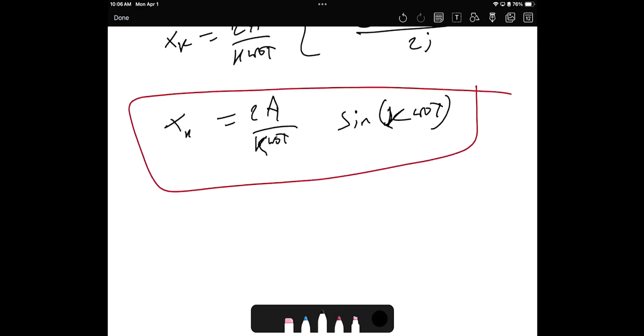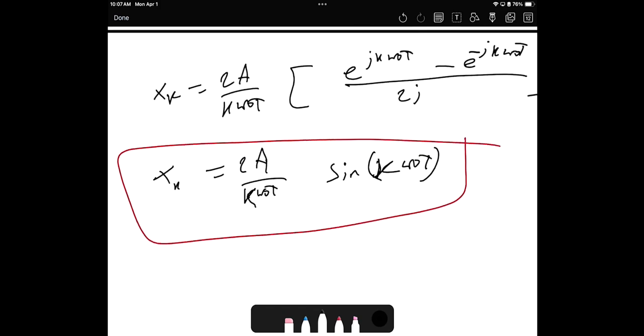We can simplify it by dividing, so x sub k equals a tau over T times sine k omega naught.